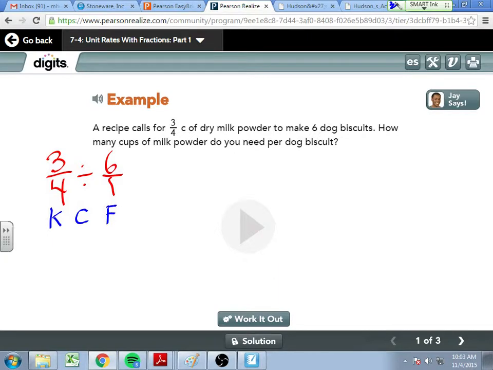So do the 3/4, and then put the dot for multiply, and then flip the 6 over 1 to be 1/6. Yep. And then multiply. So then that gives me 3 over 24, just what I had before, and it reduces to 1/8. You can cross cancel. But we could cross reduce, not cross cancel.